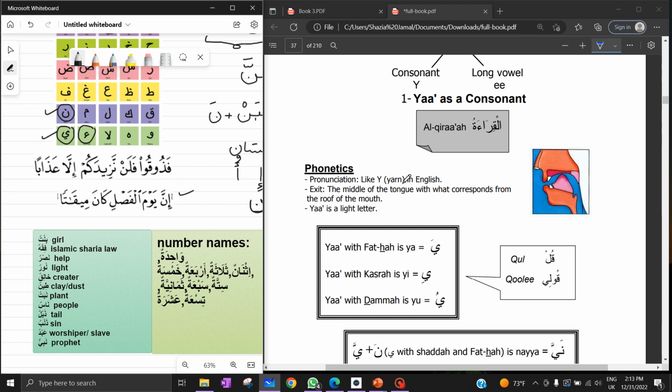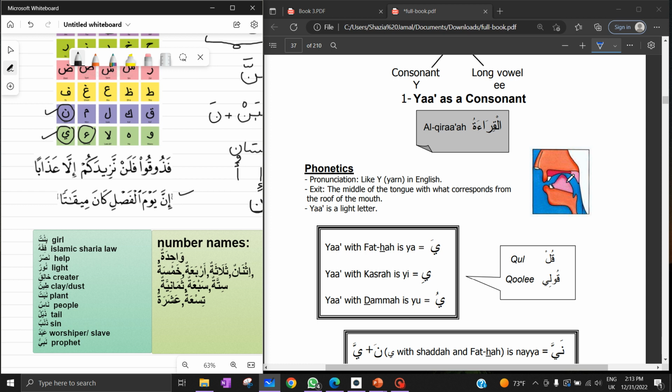You need to keep your tongue in the middle, but raised, slightly touching the roof of the mouth, but not sticking.